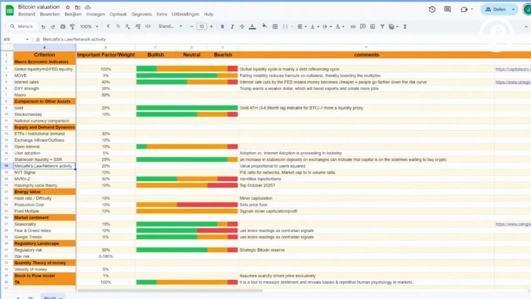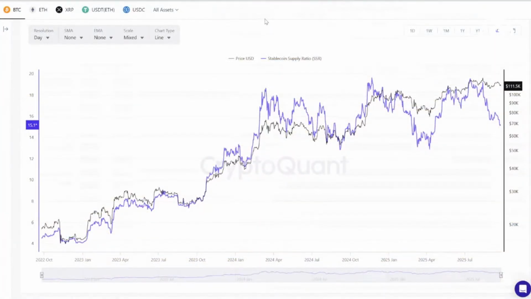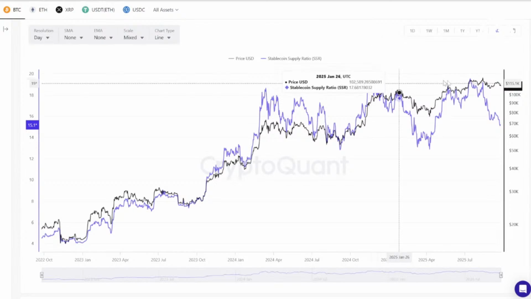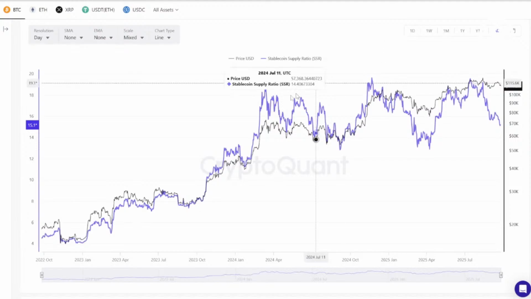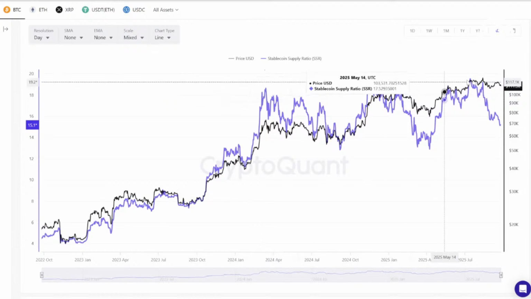Next is, or do I have anything else from that? Oh yeah. Also about stablecoins, and this is on CryptoQuant. Here you can see it very clearly. This is the stablecoin supply ratio. Every time there is a top, you see the stablecoin supply ratio above Bitcoin's price, meaning fewer stablecoins are being printed compared to Bitcoin's price.